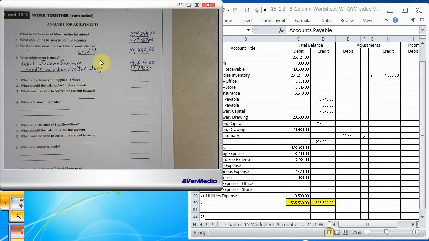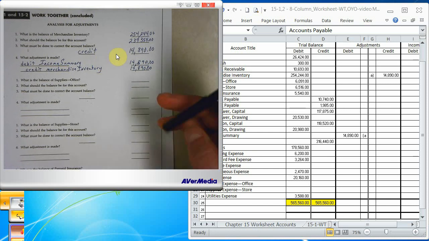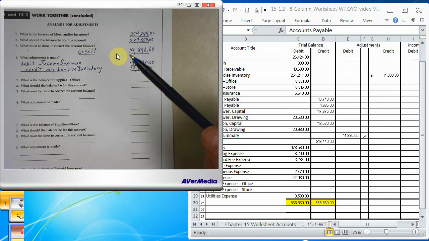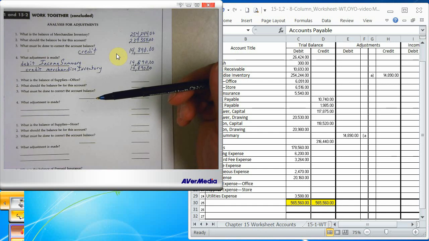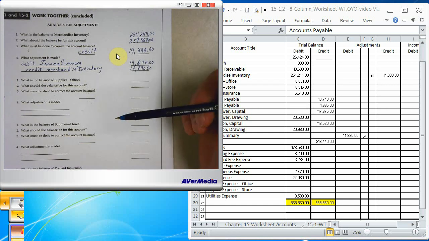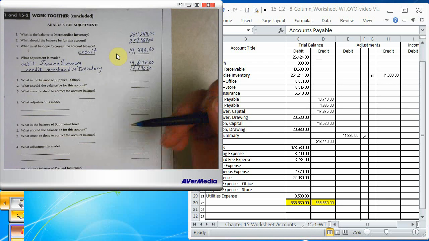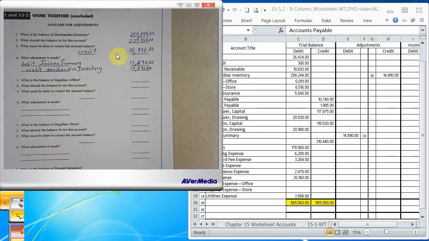Okay, so today in chapter 15.2, we're going to analyze the rest of the adjustments in our book, or on our worksheet. If you go to page 377, we have the work together that we're going to work on.